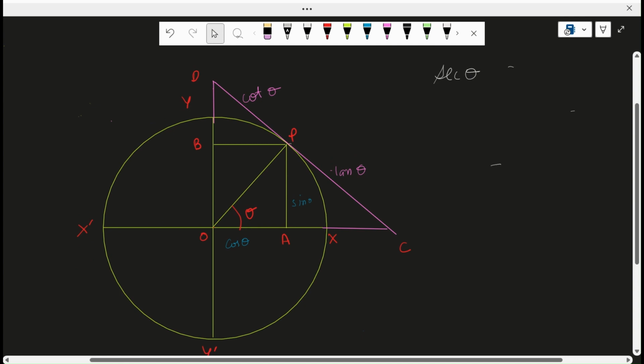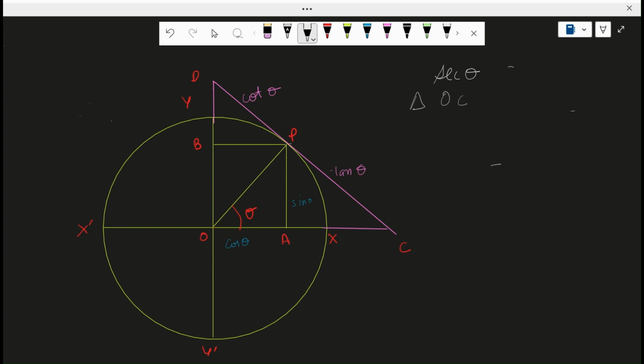Consider triangle OCP and OAP. For both these triangles, theta we have common.